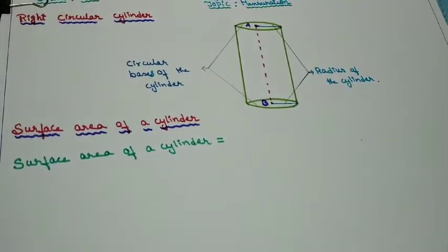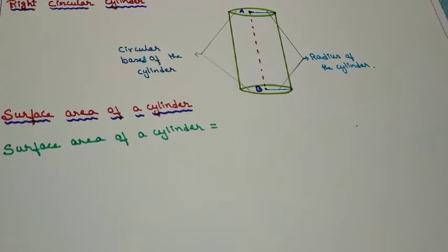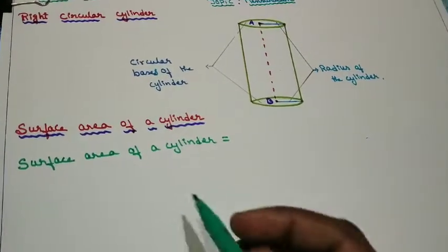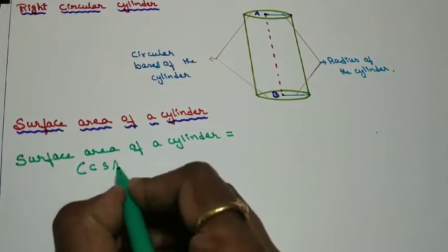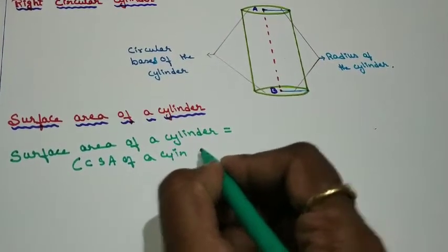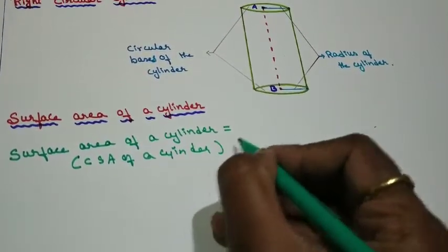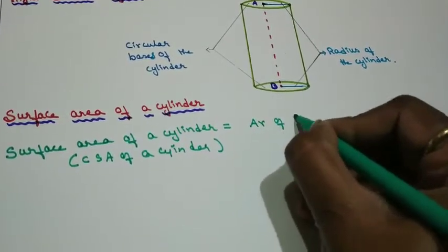So we call it CSA, whose top and bottom faces are absent. Instead of writing surface area of the cylinder, we write CSA of the cylinder, where CSA is the curved surface area of the cylinder, which is the area of the rectangle.